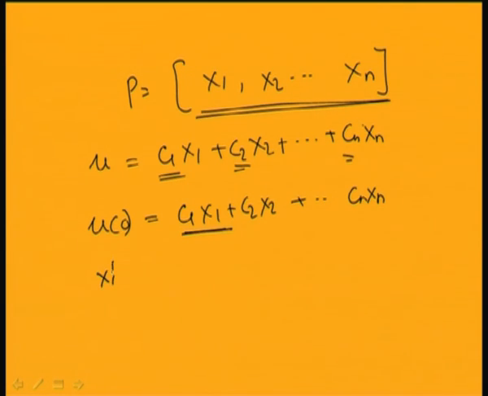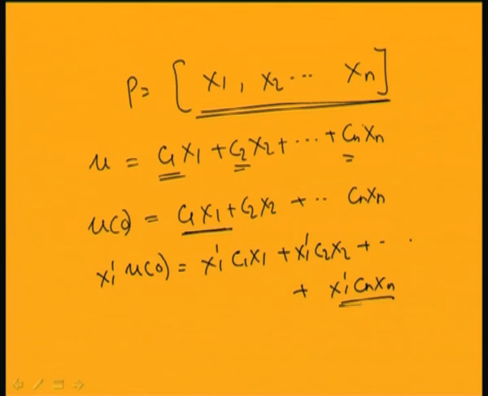So, x1 transpose u0 equals x1 transpose C1 x1 plus x1 transpose C2 x2 plus x1 transpose Cn xn. Previously, we studied the orthogonality property of these normal modes. From this property we know that x1 transpose x2 and x1 transpose xn, when i is not equal to j, are equal to 0. We can apply this orthogonality principle to this equation.